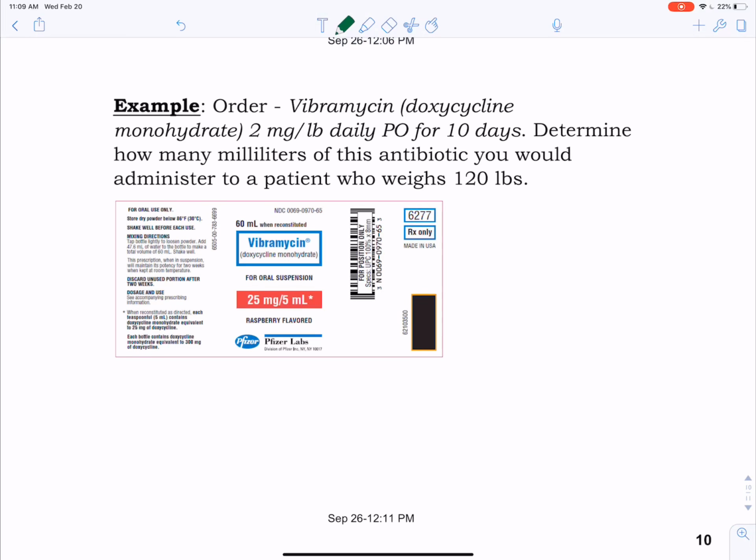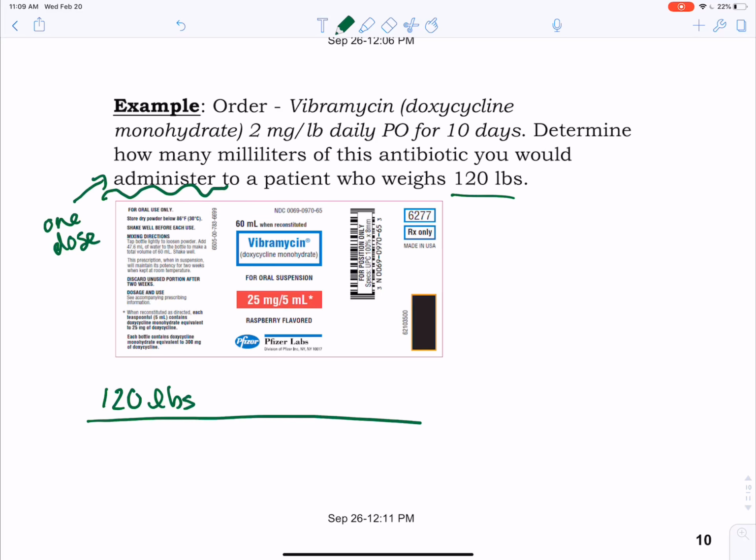If we look at this next one, we're ordering our drug 2 milligrams per pound per day for 10 days. We're going to determine how many milliliters of this antibiotic you would administer to a patient who weighs 120 pounds. So remember, when they say administer, that's our key that we're looking at 1 dose. So I'm going to start with this 120 pounds.